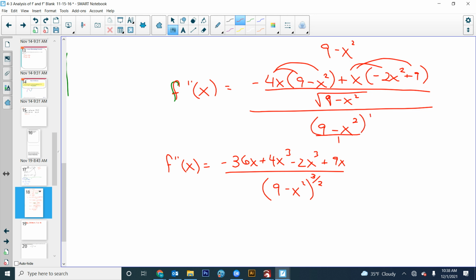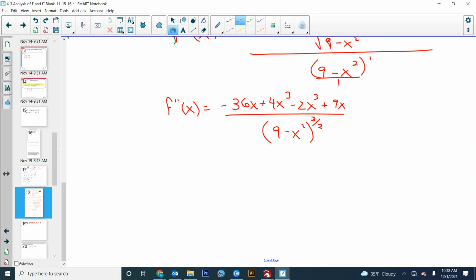This is 9 minus x squared to the 1/2. When this reciprocates and multiplies, you have the same bases of 9 minus x squared, but you're multiplying them. One has a power of 1, one has a power of 1/2. You multiply the bases, you add their exponents. 1 plus 1/2 is 3/2. Okay, so that's my new denominator. Now all we have to do is clean up that numerator. We're good to go.